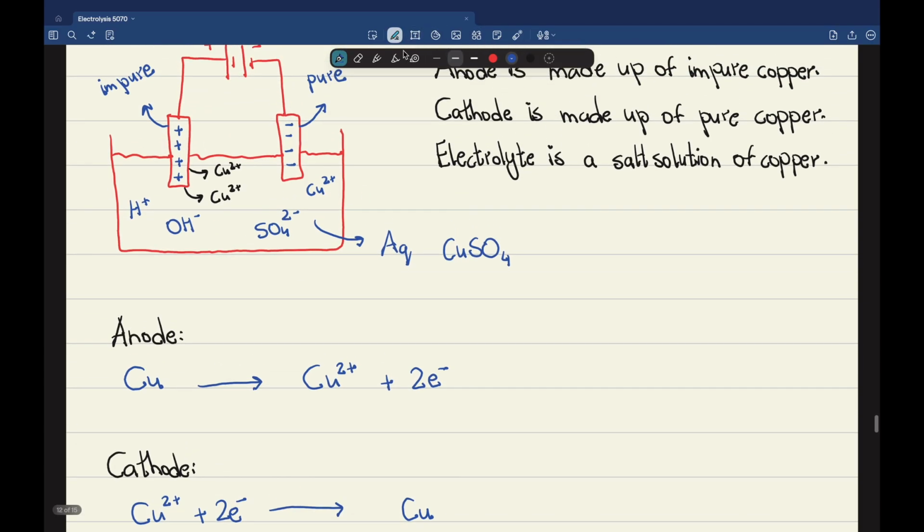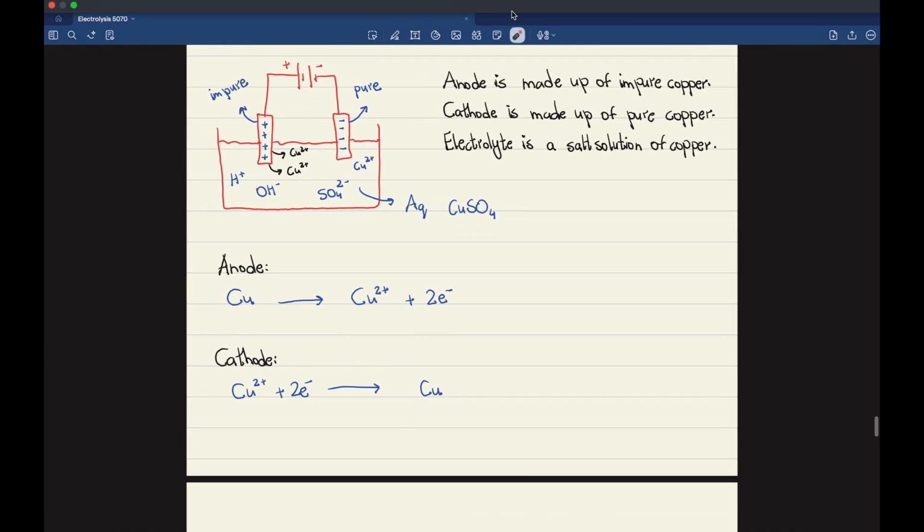See, now what is the story here? Let's understand the story right here. You see, this is the anode made up of impure copper. Inside it there is copper, silver, gold, and it can have other metals in an impure form combined with copper. What happens is copper loses its electrons and becomes a copper cation, and the copper cation is released into the electrolyte, right?